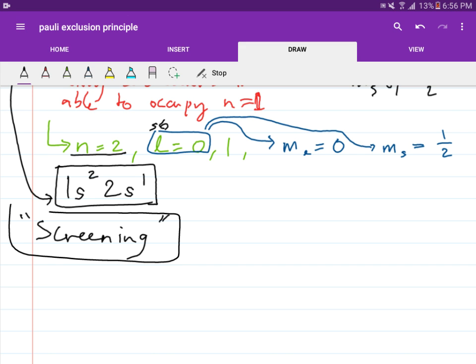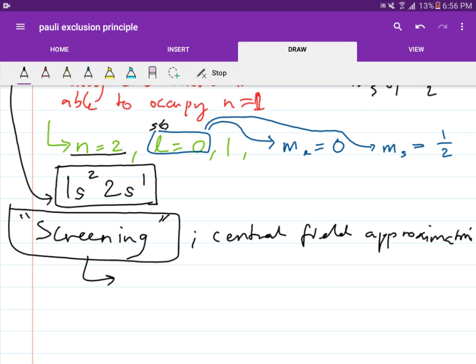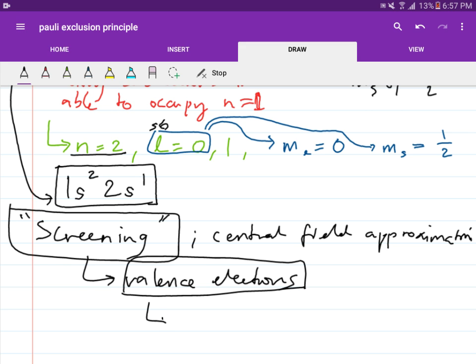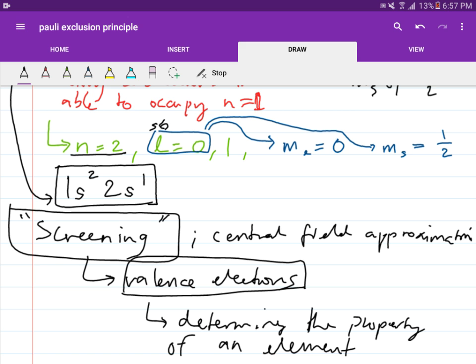This concept of screening is connected to the central field approximation, and this will explain why the valence electrons are important in determining the property of an element. So that's it for now.